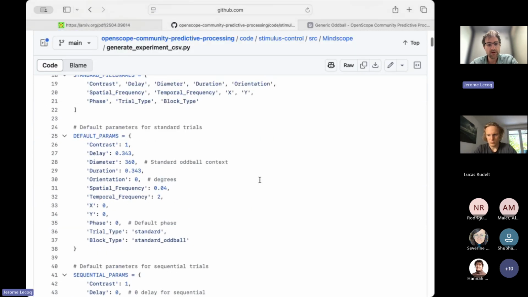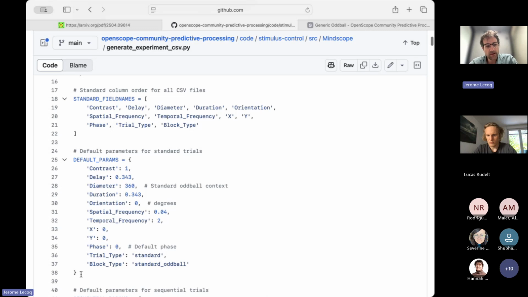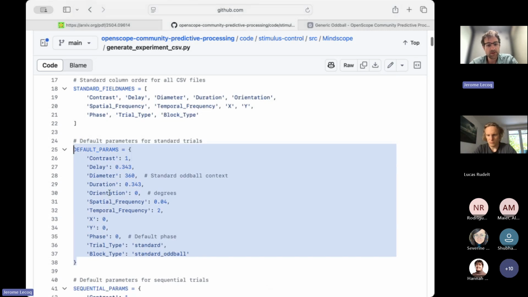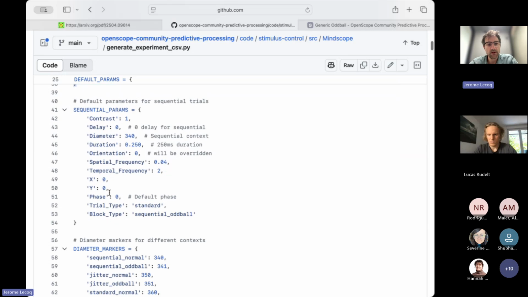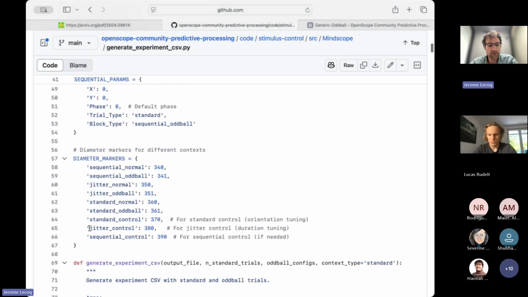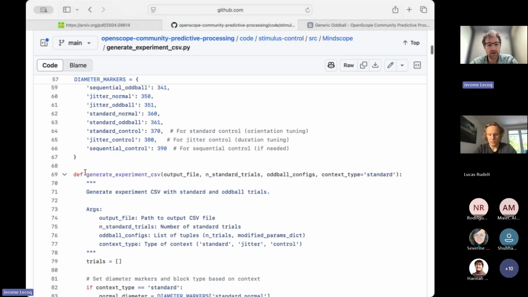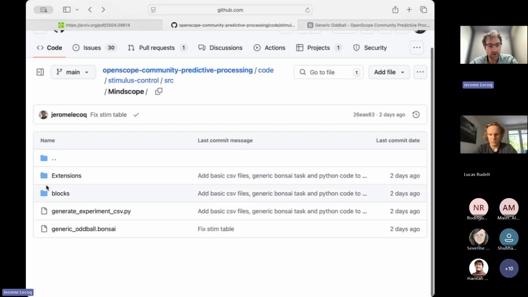What this does is you provide a list of parameters that you want to use. I think the code is fairly easy to read. It has default parameters and the parameter you want to change, and it generates CSV files for you, one to describe each session. Those are currently committed to the repo under blocks.